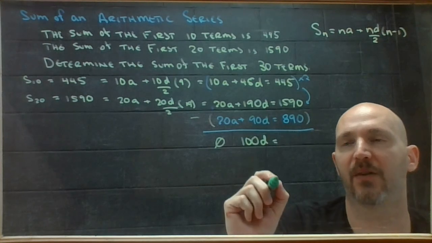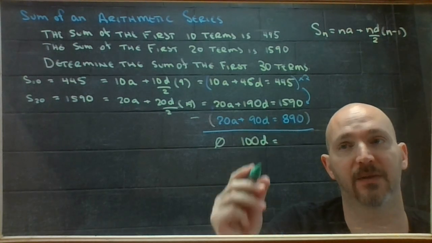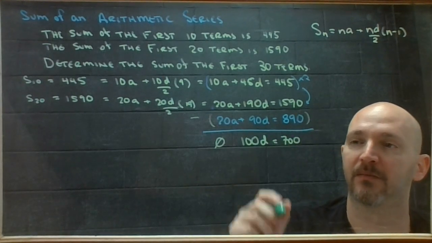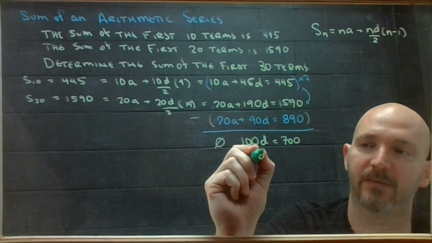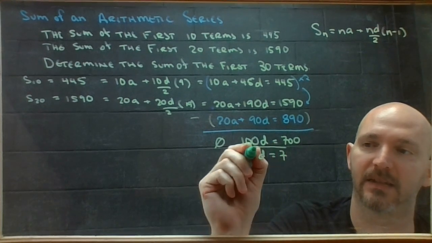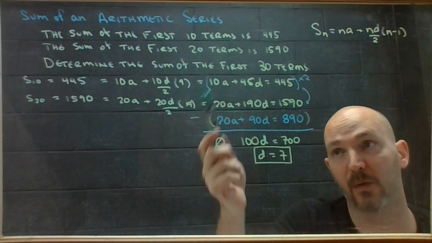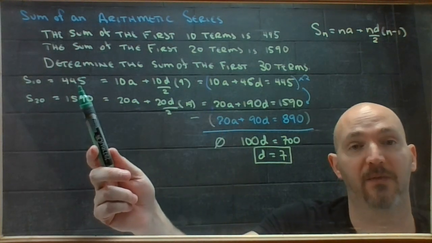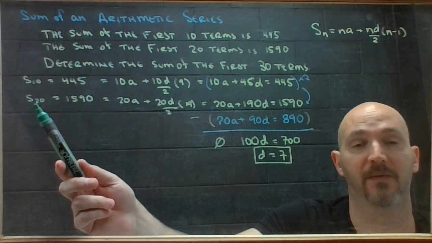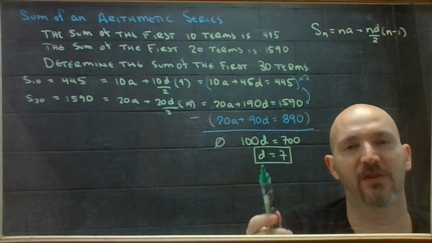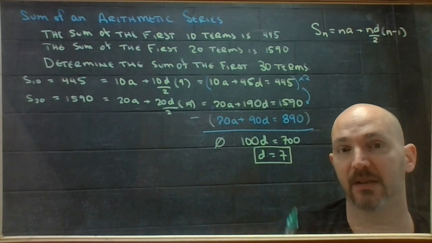And 1,590 subtract 890 gives me 700. Divide both sides by 100, I get D is 7. So the only way for the sum of the first 10 terms to be 445 and the sum of the first 20 terms to be 1,590 is if each of those terms is increasing by 7 each time.